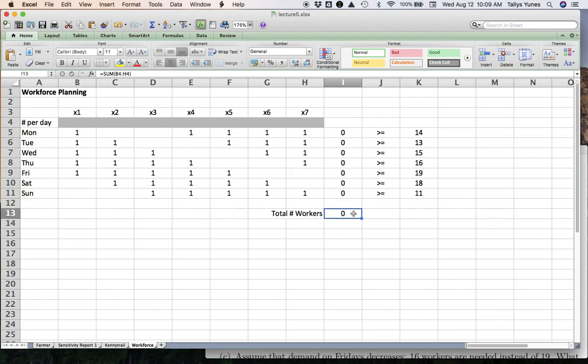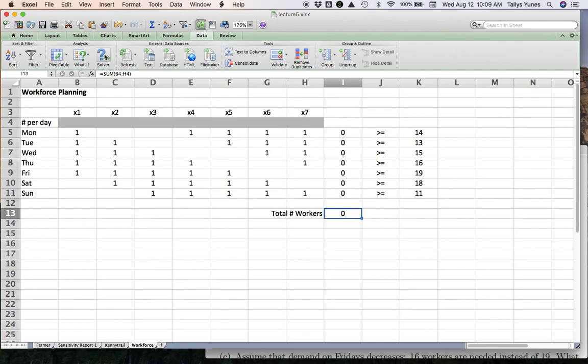And initially, the objective function is just to say I would like to hire as few people as possible because they cost money. So I minimize the total number of people hired, which is just the sum of the x variables.